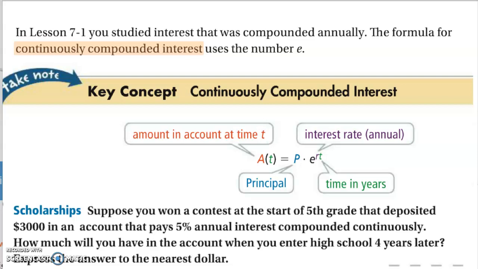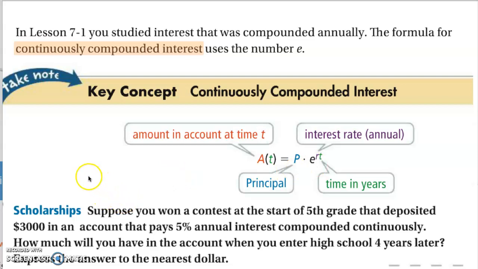So we have this formula here that looks like this. The amount that you're going to have in the bank account after a certain period of time, A of t. Okay, so this is a function A of t. Amount you'll have after a period of time is equal to P, the principal, the amount that you put in, times e raised to the power of r, which is your interest rate, times t, time in years.